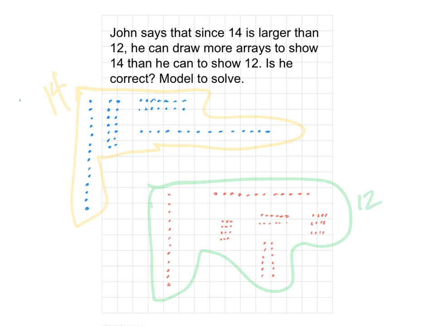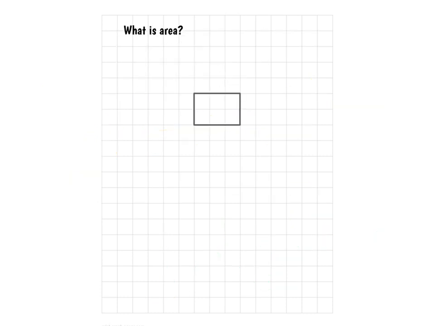You can see for 14 I have 1, 2, 3, 4 arrays, and for the number 12, I have 1, 2, 3, 4, 5, 6 arrays. So you can see here that John is incorrect and that we can make 6 arrays for 12 and 4 arrays for 14.